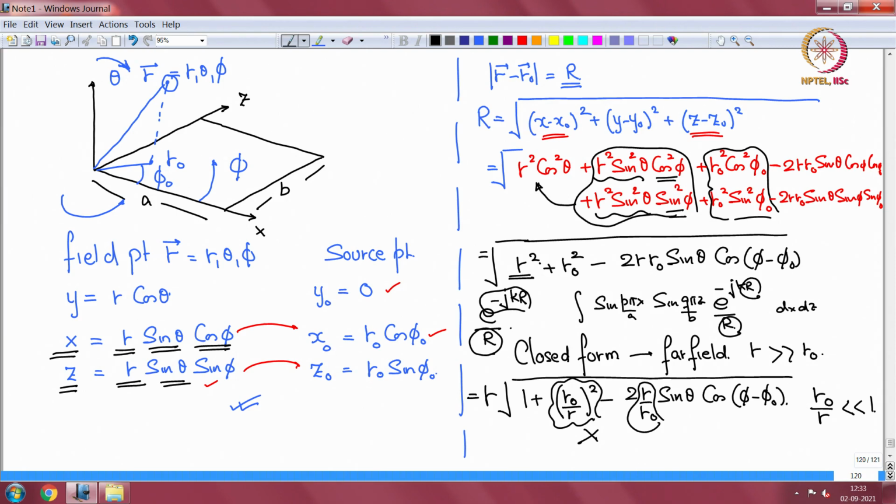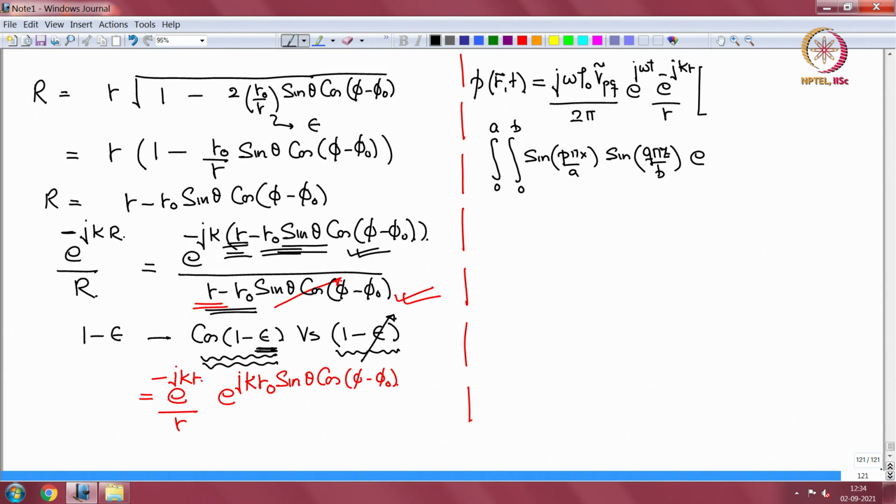However now it is r0, so this is going to be e to the power j k r0 sine theta into cos phi 0 plus sine phi 0, dx dz.